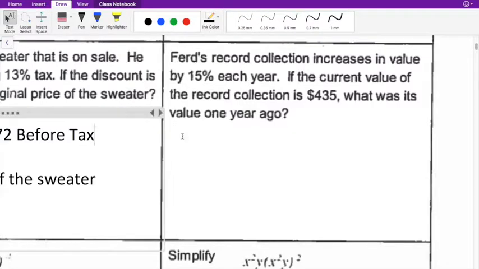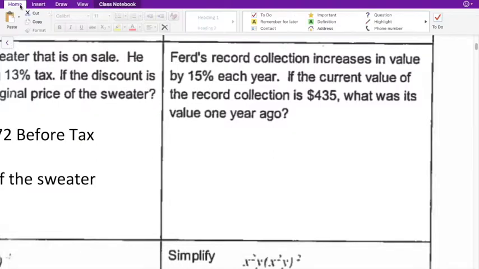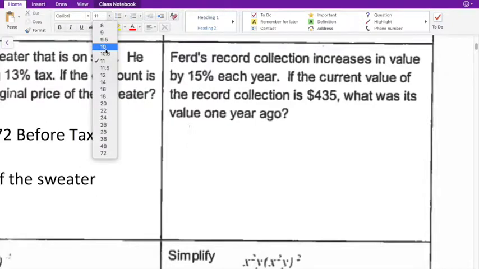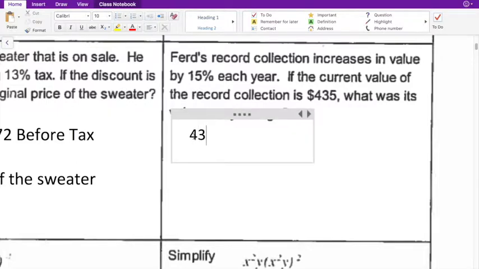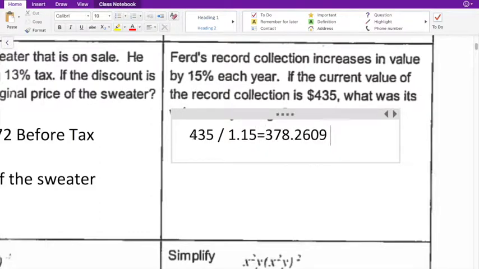But in this case, we are going to divide by 1.15. So our original cost is 435, and we're going to divide by 1.15, and that is going to equal 378.26.